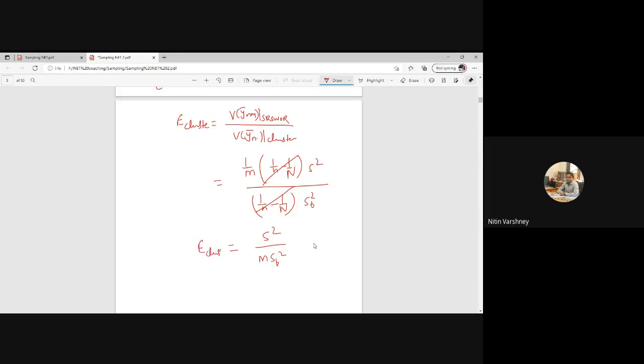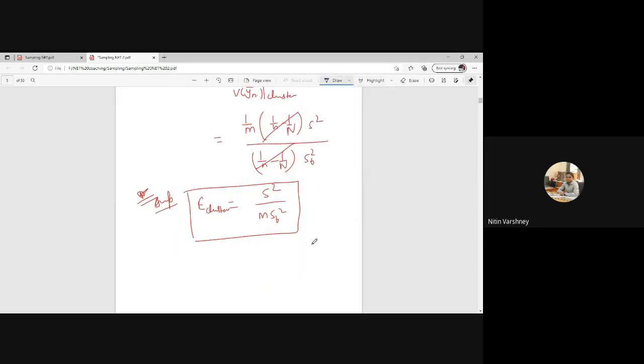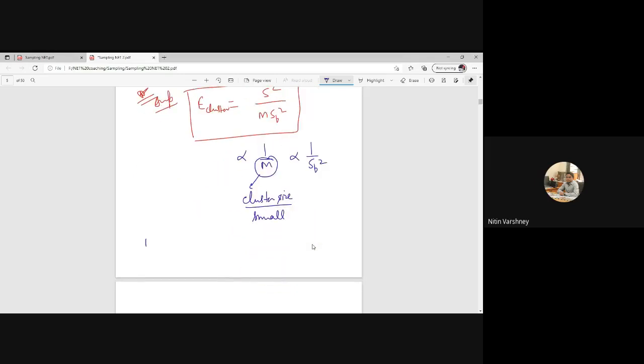Efficiency of cluster sampling. Most important thing: see here, efficiency is inversely proportional to m and inversely proportional to SB square. What is this m? That is cluster size. I told you at the beginning of cluster sampling that clusters should be small. If m is decreased, then efficiency will increase.